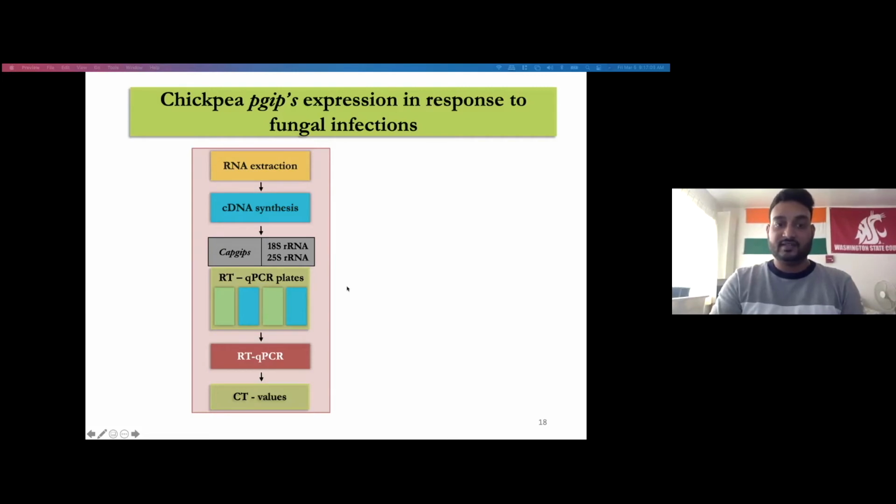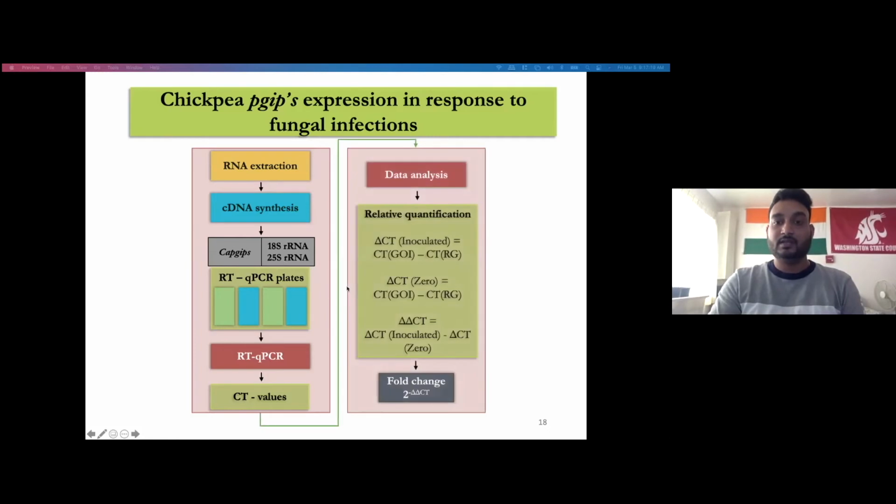After RT-qPCR, we used the CT value to analyze the results. The transcript level of each target gene, or each Pgip, was normalized to those at the 0 time point and also to the reference genes 18S rRNA and 25S rRNA. The fold change was calculated using the 2 minus delta delta CT method.